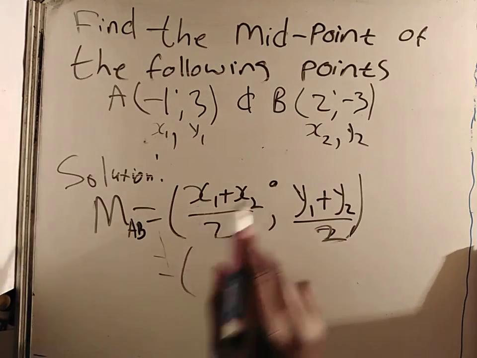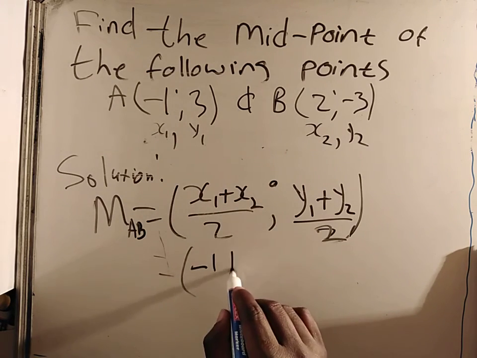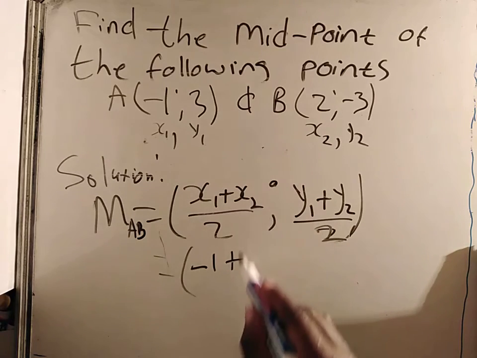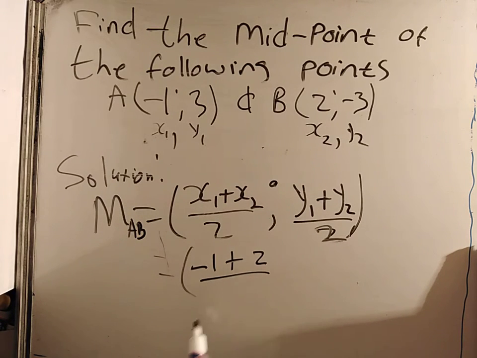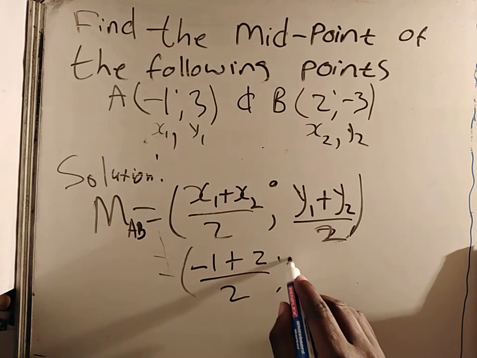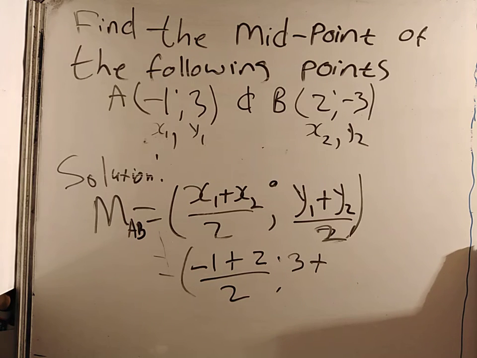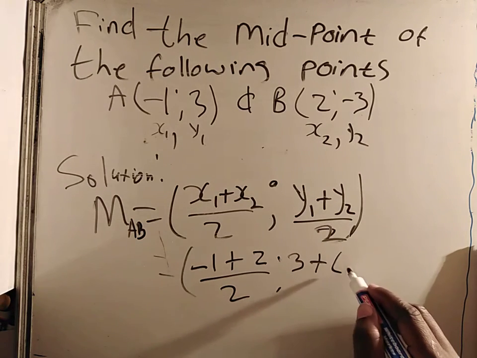Okay, so x1 is minus 1, plus, and then what is x2? x2 is 2, and then divided by 2, versus y1. Where is y1? Here, y1 is 3, and then plus y2. What is y2? y2 is minus 3, so minus 3.